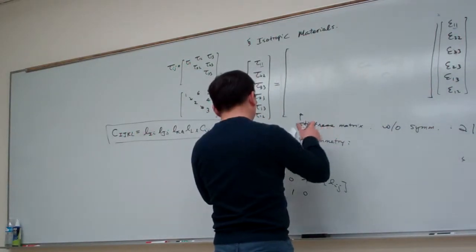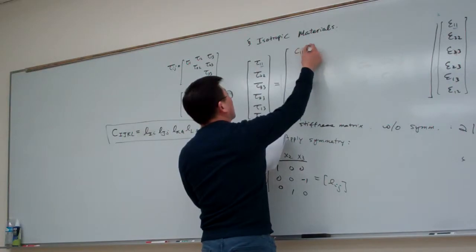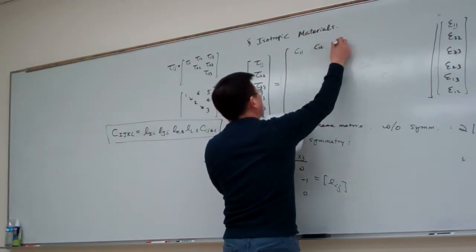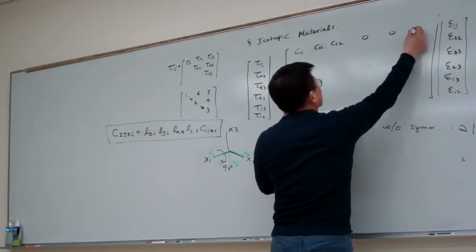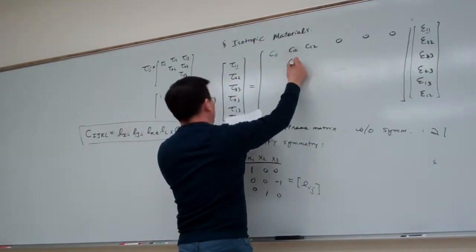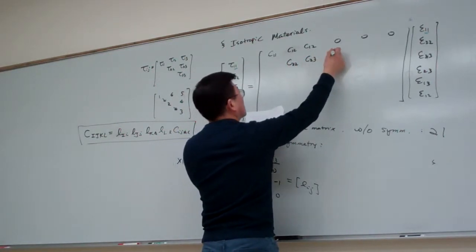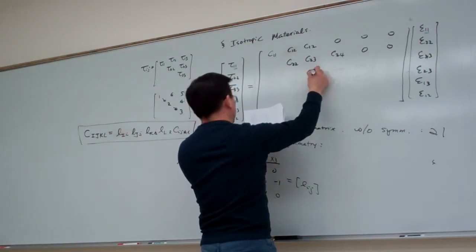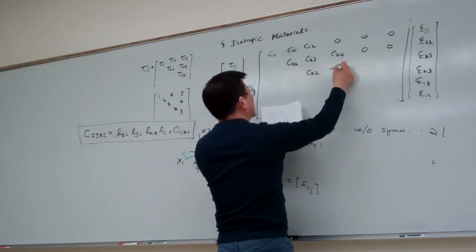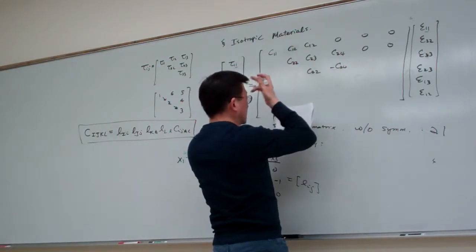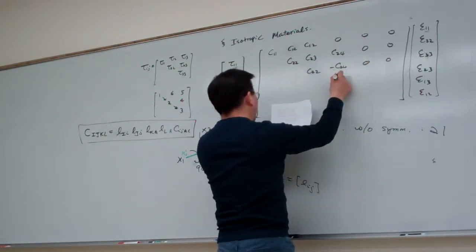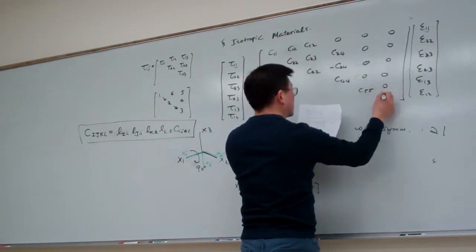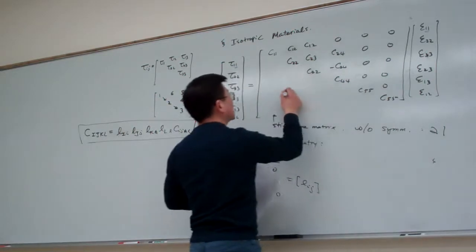That will be equal to C11, C22, C12, C12 or 0, 0, 0, and then C22, C23, C24, and 0, 0, and then C22, and minus C24. I think this minus doesn't matter. And then C44, 0, 0, C55, 0, 6, 5, 5. Okay, this is symmetric.